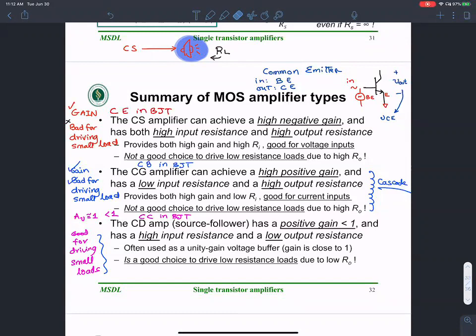The common gate amplifier is good gain stage, but bad for driving small load. The common drain amplifier, which is the source follower. Remember the common collector amplifier in BJT, which was the emitter follower. That emitter follower here is the source follower in MOSFETs.